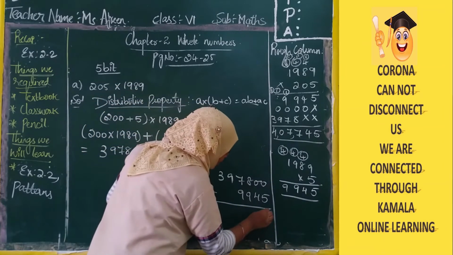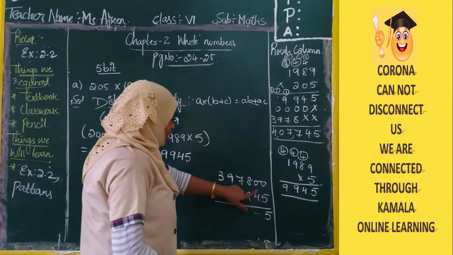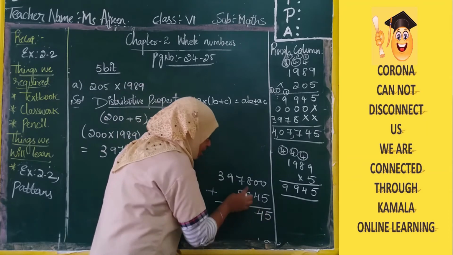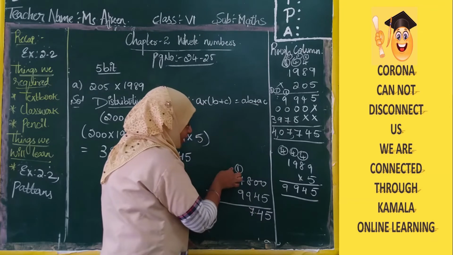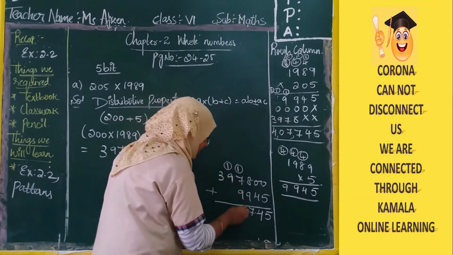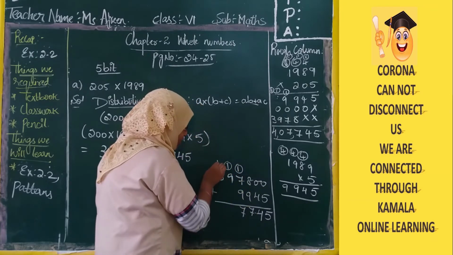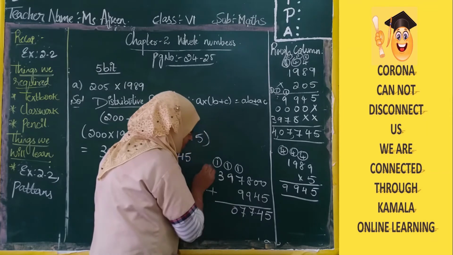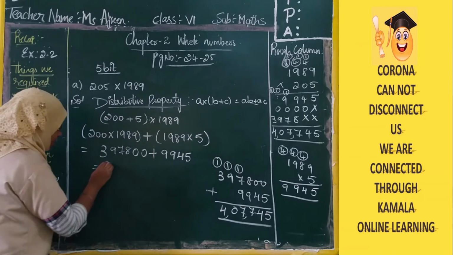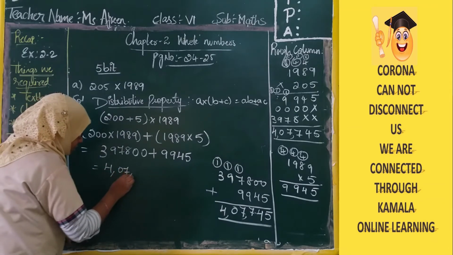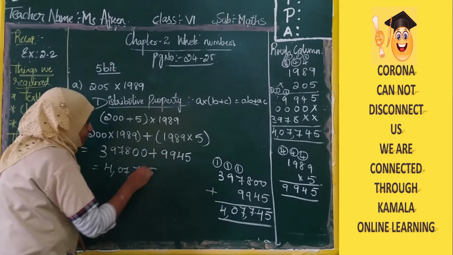If you add 0 to any number, you will get the same number, so 0 plus 4 is 4. 8 plus 9, 17. 9 plus 1, 10. 10 plus 7, 17. 1 carry, 7. 9 plus 1, 10. 1 carry, 0. 3 plus 1 is 4. So we see we got the same answer, that is 4,07,745, which is the first.